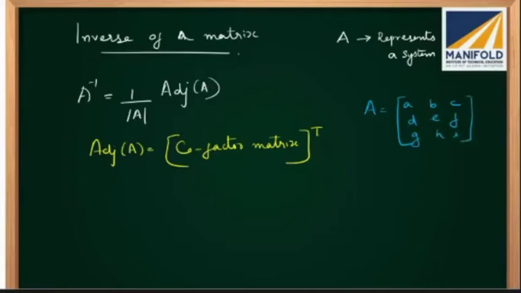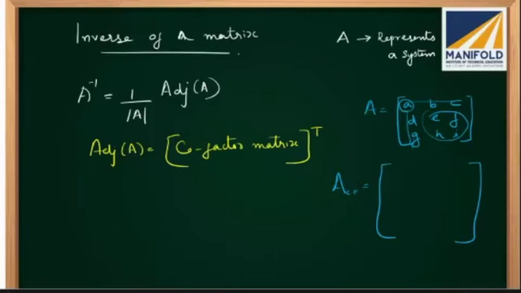My cofactor matrix is given by, I'll take the first point, that is the first row, first column. You need to remove this row and this column and find the minor of this smaller matrix. So that is EI minus HF, correct?